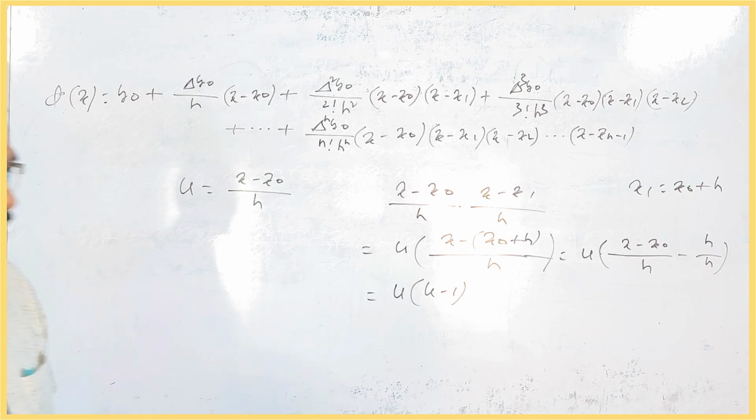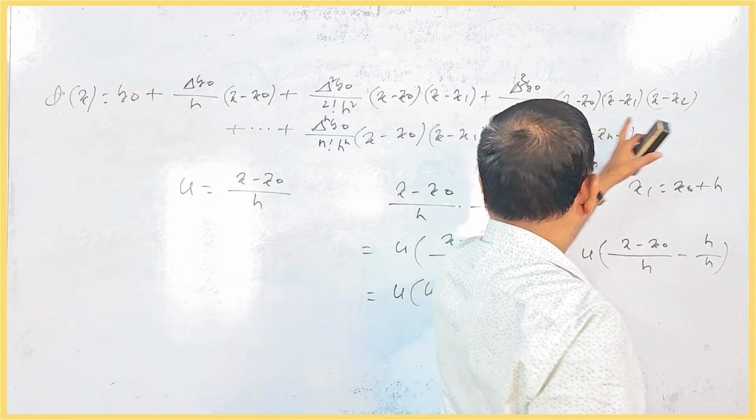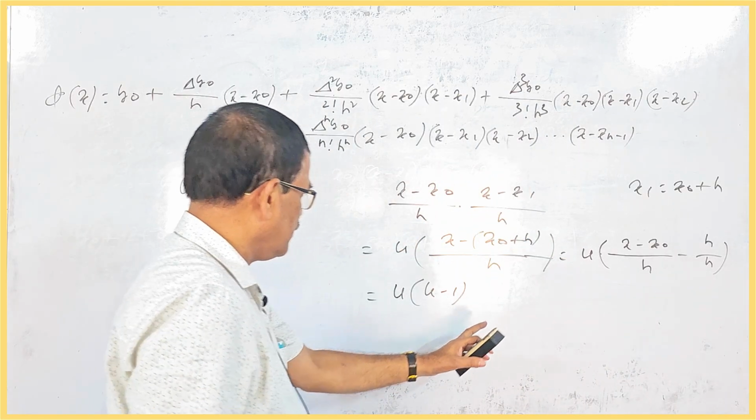Similarly, if I compute x minus x naught, x minus x1, x minus x2 divided by h cube, then I will get u into u minus 1 and u minus 2.